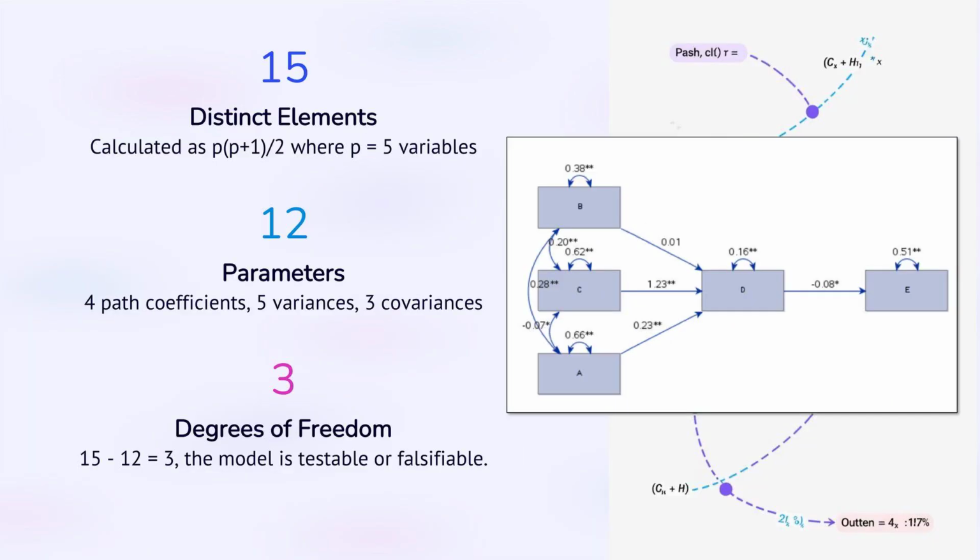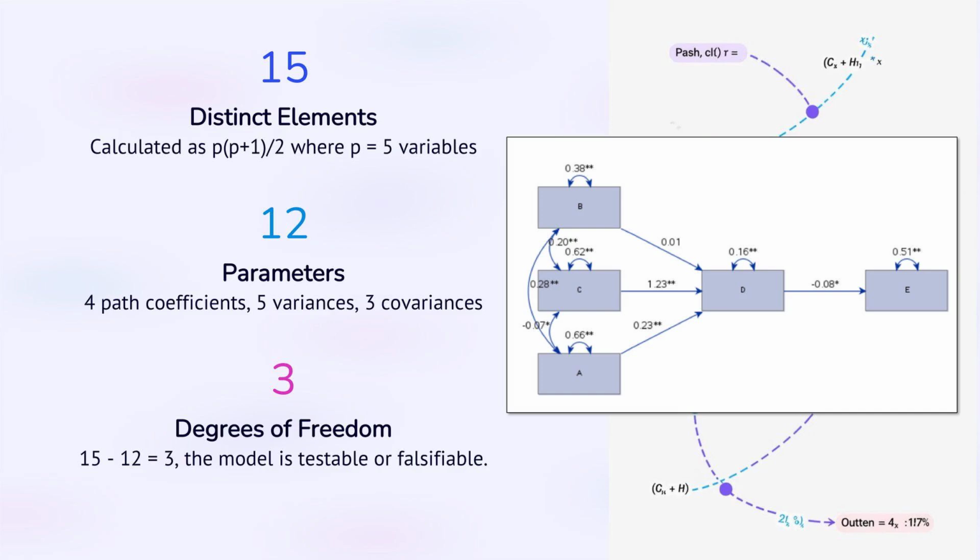This figure shows a simple structural equation model carrying 5 variables, p. In this model, the number of distinct elements is p times (p + 1) divided by 2, which is equal to 5 times 6 divided by 2. The answer is 15.